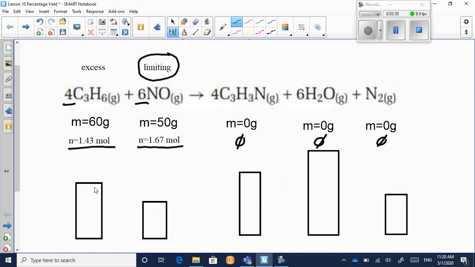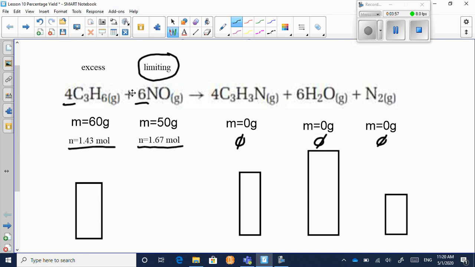Well, just to finish this discussion, you can imagine then that eventually, because this nitrogen monoxide is limiting, eventually it runs out. So it kind of goes to nothing. Okay, and so this one, I'll just eliminate it, it's gone. It disappears.